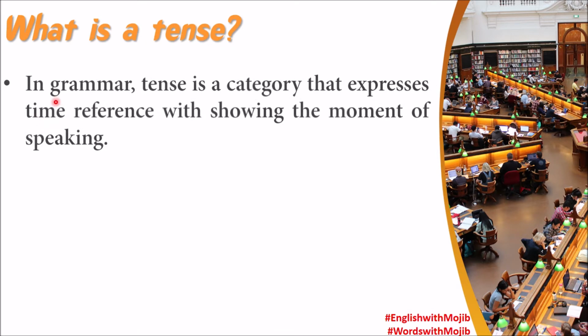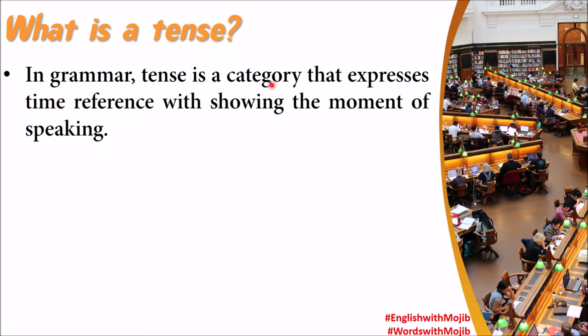Okay, let's begin. What is a tense? In grammar, tense is a category, means group or class, that expresses, means talks about, describes, time reference with showing the moment of speaking. So, a tense shows the moment of speaking using time references.